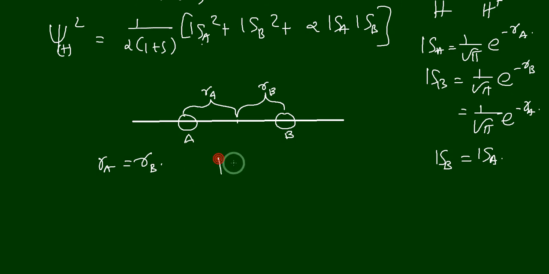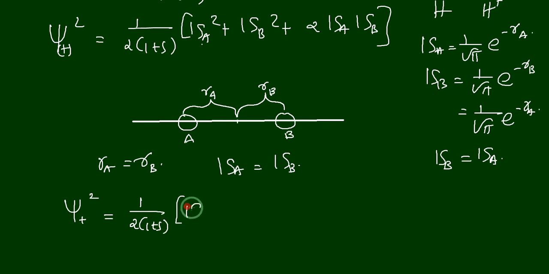So 1s A is equal to 1s B, and therefore psi plus square at that point, in between the nuclei, is equal to 1 divided by 2 into 1 plus s, into 1s A square plus 1s B square. 1s B is equal to 1s A in between the nuclei.